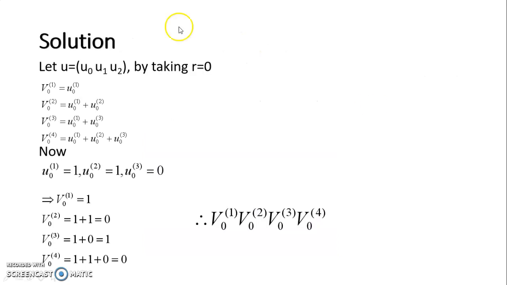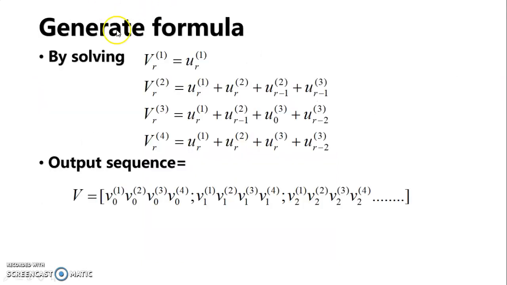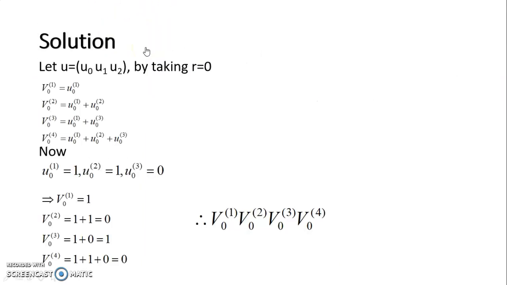So by taking U equals U0, U1 and U2, and by taking r equals 0, we put in the formula V r, that means V01 equals U01. Just put the value in this equation and consequently you can get this value.